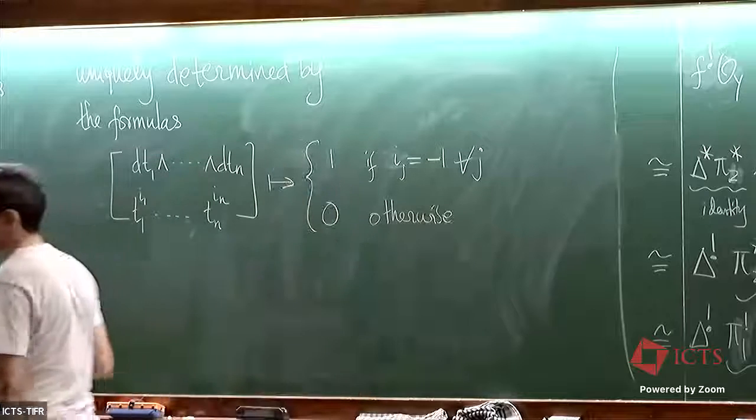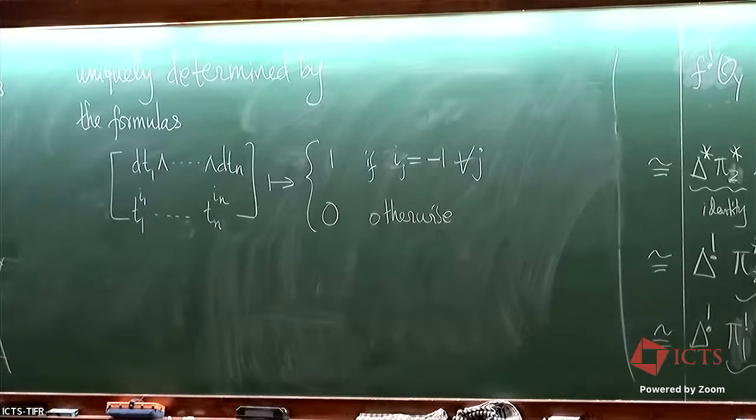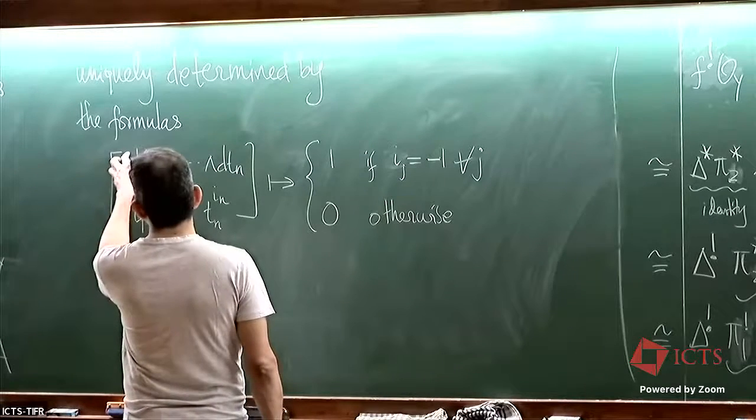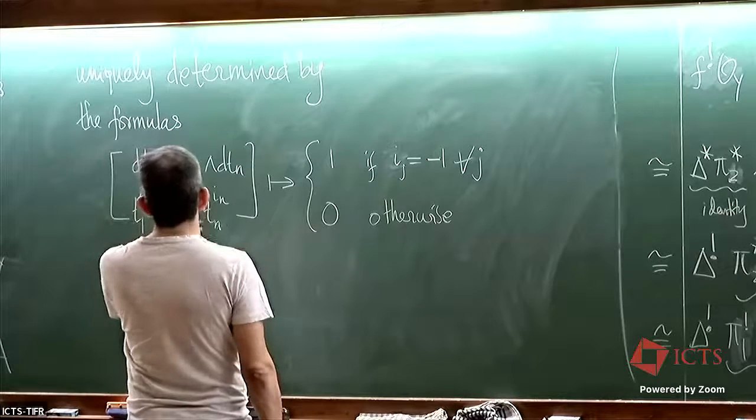So in one variable, it's just dt over t goes to 1, and dt times any other power of t goes to 0. And this will take care of everything, because any other element in the local cohomology is some element f from the power series ring and some fractions here.